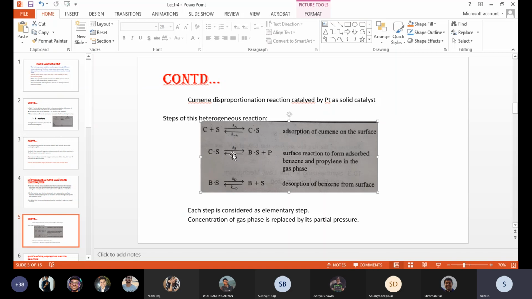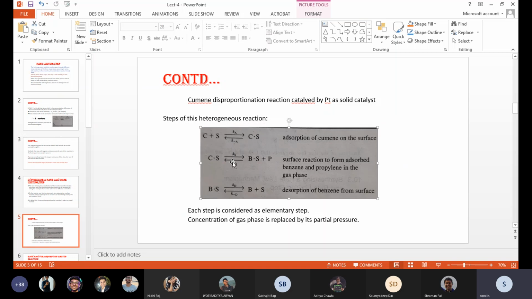Next step is obviously the reaction step after the adsorption. So C dot S is the adsorbed species, which is now reacting to form the products, where we know that in the cumene disproportionation reaction, we have got benzene and propylene, the two products.